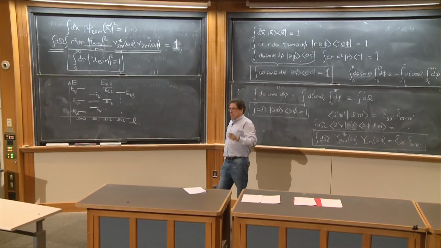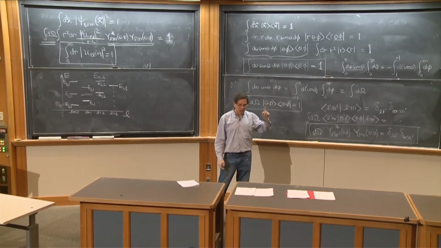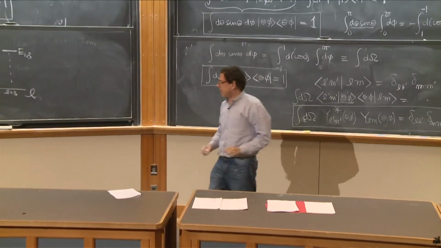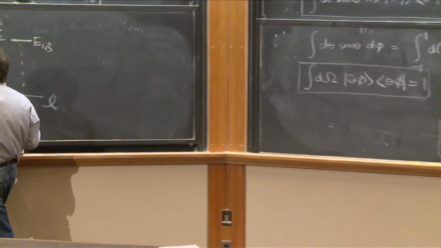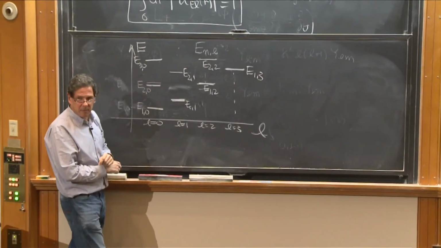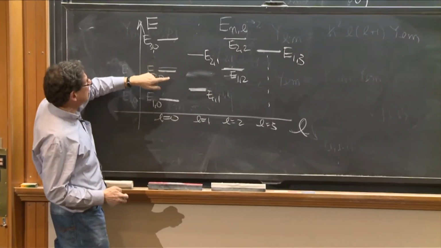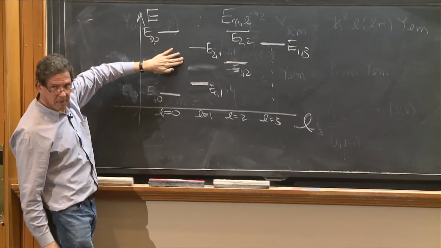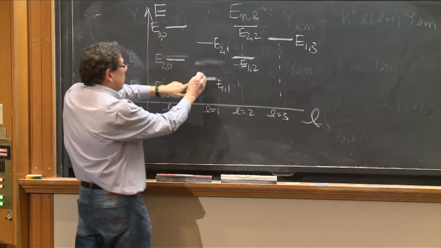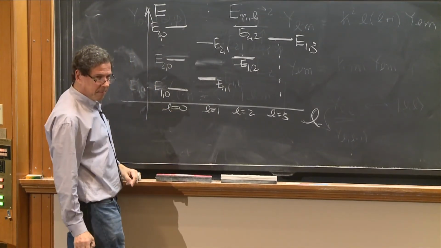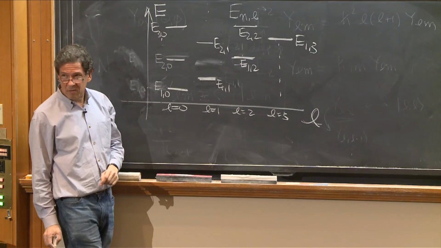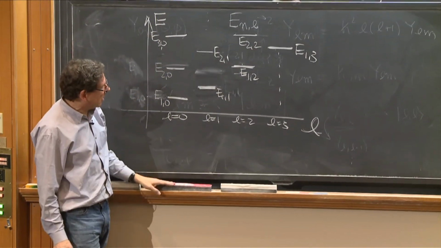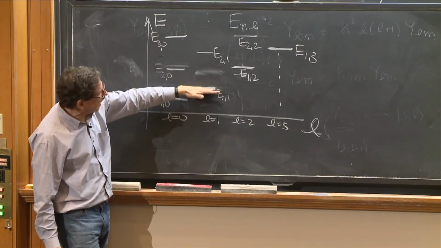Now, because there are no degeneracies in the bound states of a one-dimensional potential, I don't have two lines here that coincide. Because there are no two states with the same energy here. It's just one state. That's pretty important too. So you have a list of states here, and there's just one state here.